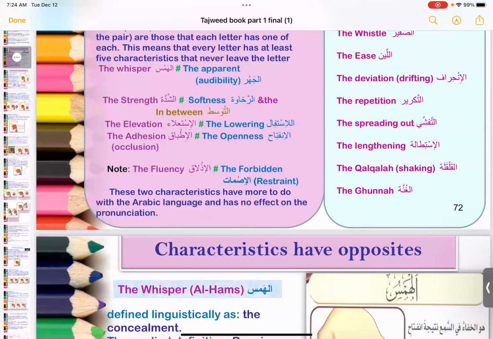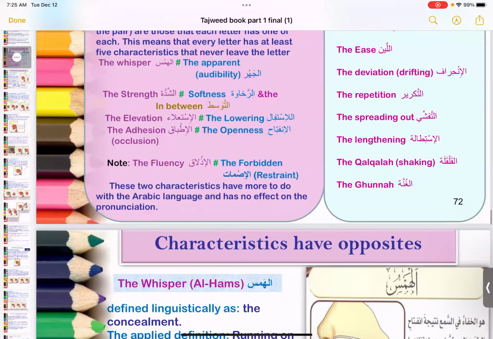So we're going to look at whether the sound is running, whether it is being stopped, or whether there is partial running and partial stopping of the sound. We just do these two for today because this itself is pretty heavy.